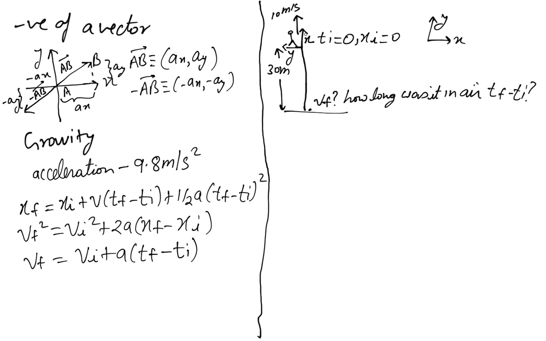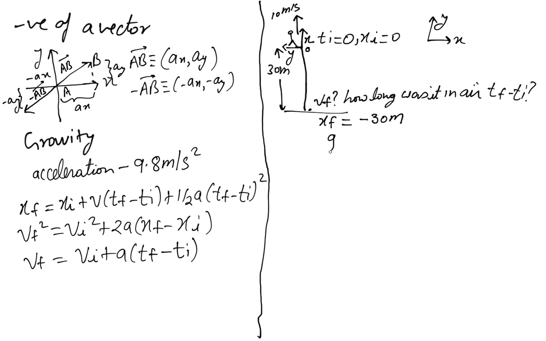Okay, with this definition, what is xf? You see, x is 0 here. This is the origin. This is where x is 0. What is xf in this problem? And if you look closely, it's minus 30 meters, right?